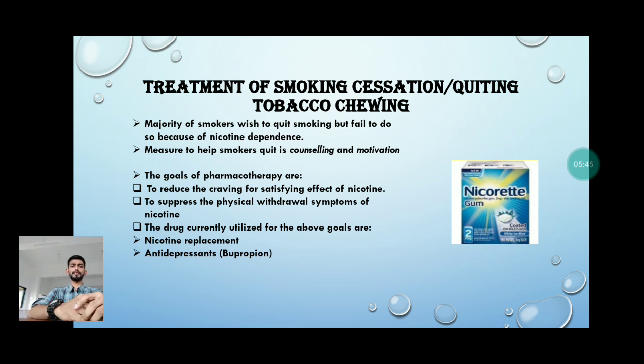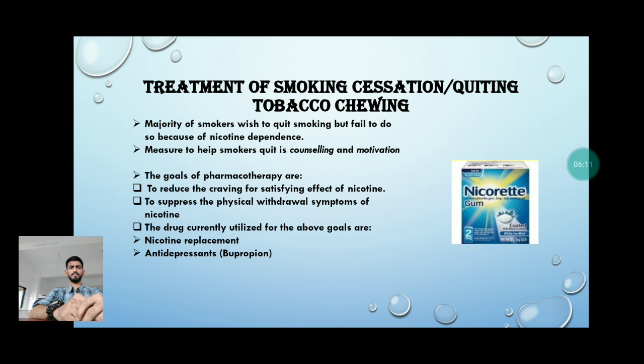Then treatment of smoking cessation or quitting tobacco chewing. The majority of smokers wish to quit smoking but fail to do so because of nicotine dependence. So what are the measures for this purpose? A person can cease smoking either by counseling or motivation.